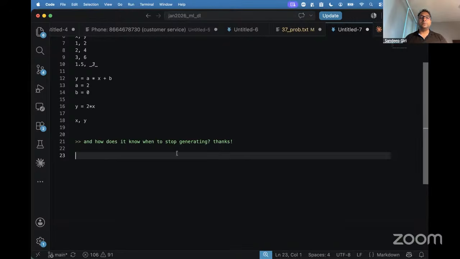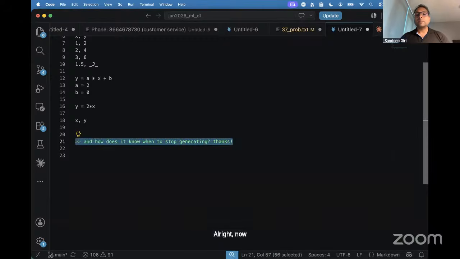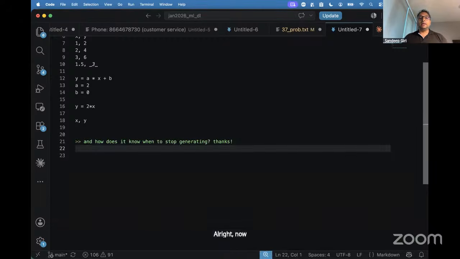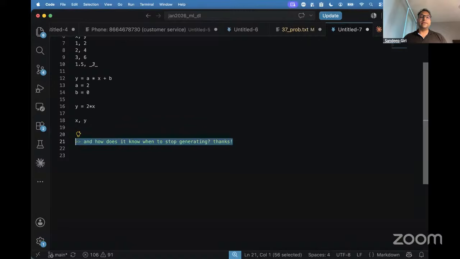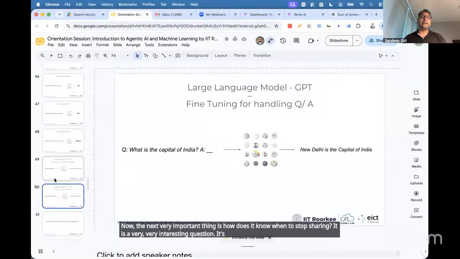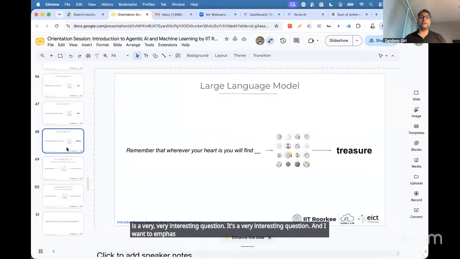All right. Now, the next very important thing is: how does it know when to stop generating? This is a very, very interesting question, and I want to emphasize it.